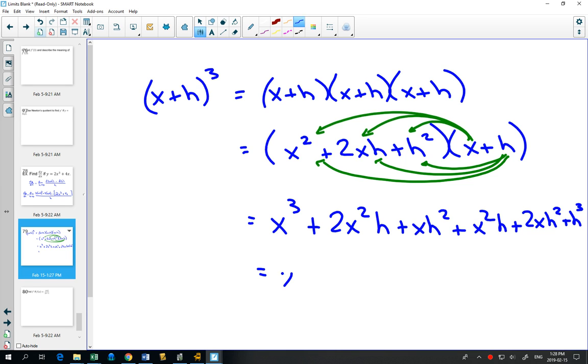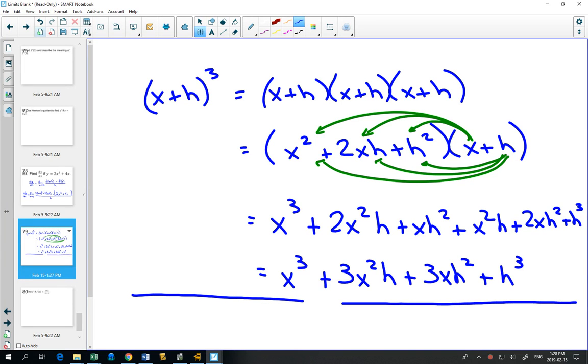Combine all your like terms: x cubed plus 3x squared h plus 3xh squared plus h cubed. Whew! I did that off to the side because that would be a lot of math steps to rewrite the limit thing over and over again.